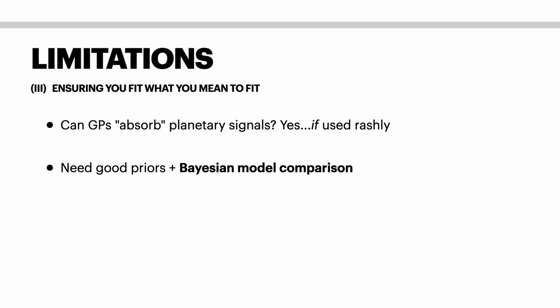More importantly, once you fit a GP to your data, you need to compare the Bayesian evidence for the GP model to the evidence for a simpler model. Because if you can fit something with a simple Keplerian, say, instead of a GP, the Bayes factor is probably going to scream this fact at you. This is a really important modeling step that people often overlook.